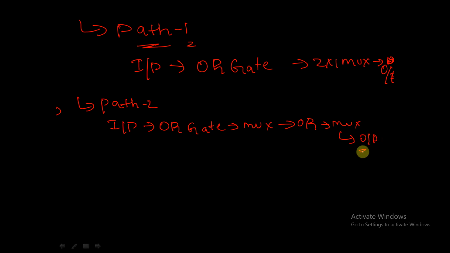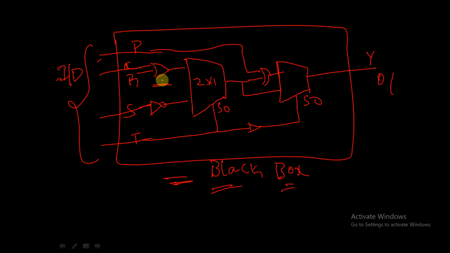So this is one more path: OR gate, multiplexer, OR gate, multiplexer, and output.